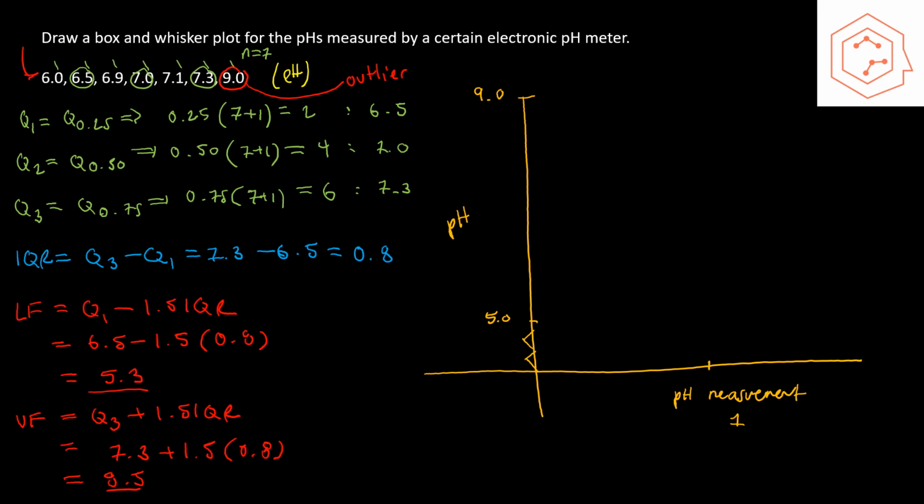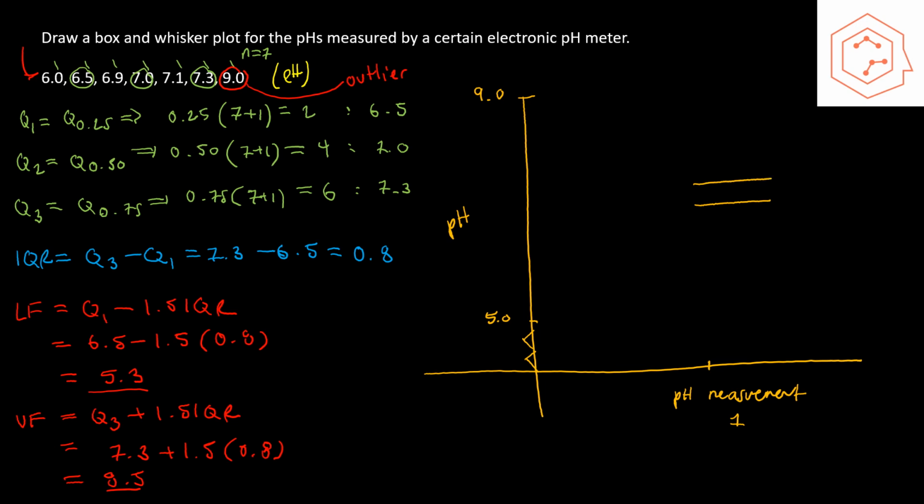So our median is around 7, so near the upper end, or in fact halfway. So we'll draw our line halfway. And then our third quartile is around 7.3, so just slightly above our median.